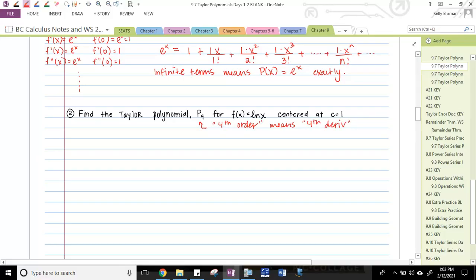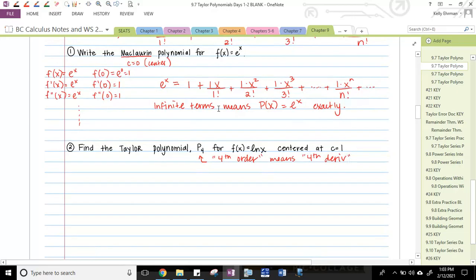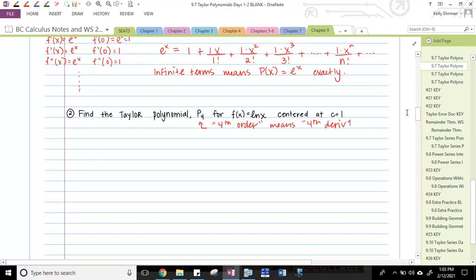But it doesn't necessarily mean 4 terms, and it doesn't necessarily mean that your answer will be to the 4th power, because sometimes derivatives evaluated at the center give you a value of 0, and so some terms will go away. We'll get to that a little bit later, but this P4 means, okay, I want to approximate the natural log of x, and I want to use a 4th order polynomial to do that. So this will just be an approximation.